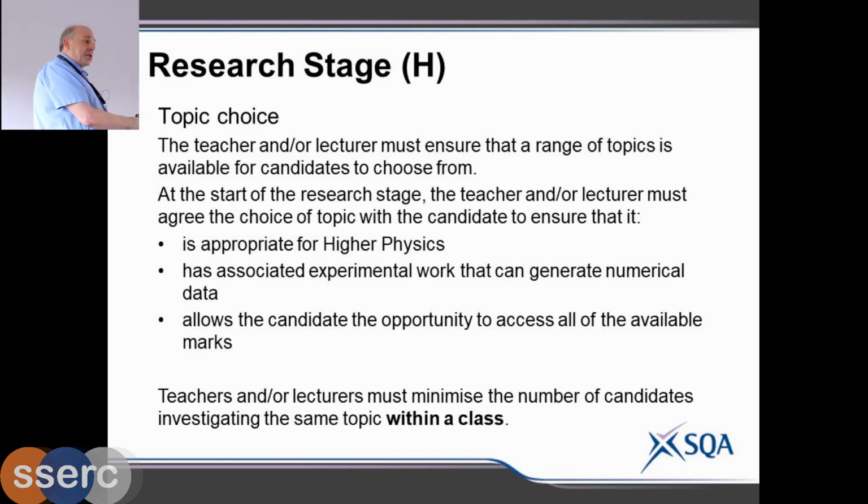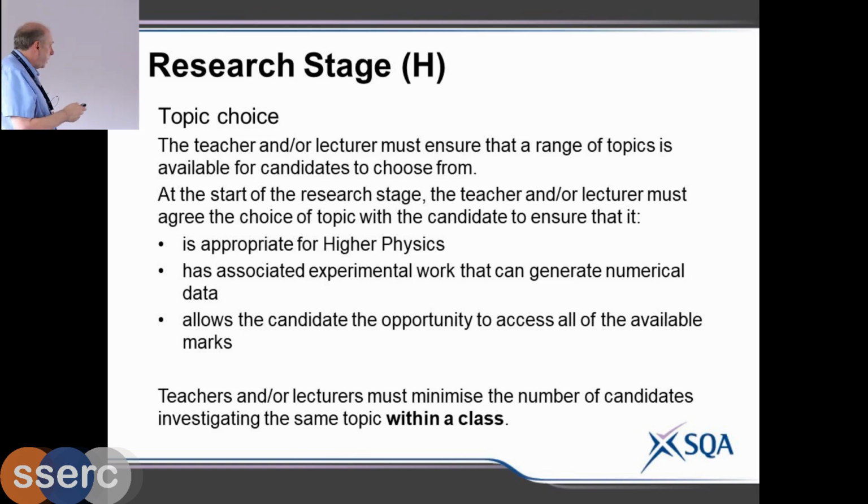But where those ones tended to suffer was, again, the underlying physics, where you're looking at it and going, there's nothing above National 4 or National 5 here. They're getting nothing for their underlying physics, because there's no higher physics in it whatsoever. So pick things that are appropriate to higher, that we know candidates will be able to tackle and tell us about.